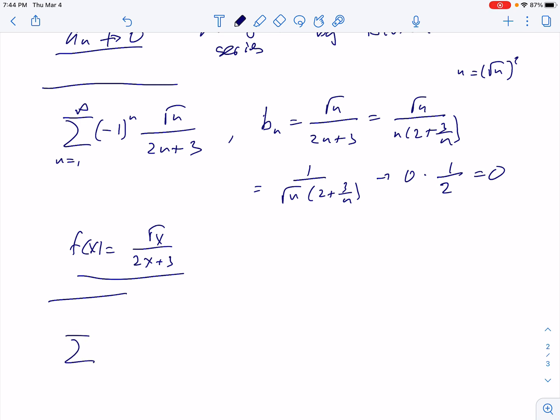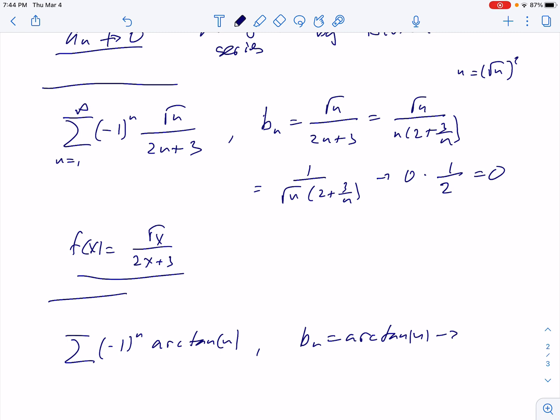So in many cases we can use this for sequences. Another example, another alternating series. Here the alternating factor, arctangent n. Now b sub n is arctangent n. And when n grows to infinity, we know the limit of this. I've mentioned this several times.